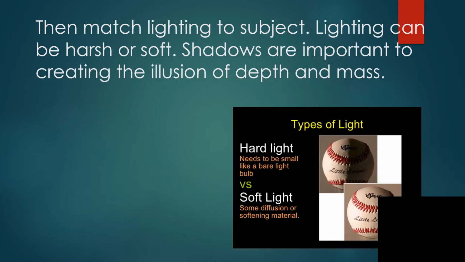Now, operating a camera and composing photos are both very important to making memorable pictures. Lighting can make or break a picture as well. So there's another thing to be thinking about. We talk about quantity of light and we talk about quality of light.